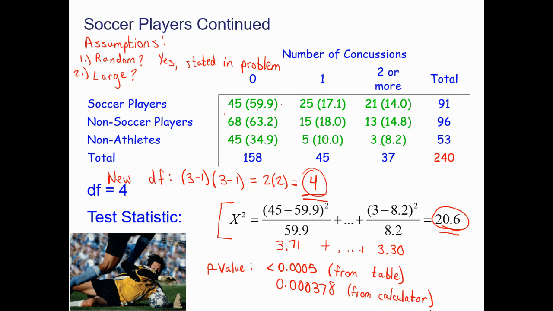Regardless of whether we use the table or the calculator value, do they give us an alpha to test that? No. Even if, let's say I use the alpha of 0.01, one of our smaller alphas, right? What would I do with this hypothesis? What would my conclusion be?